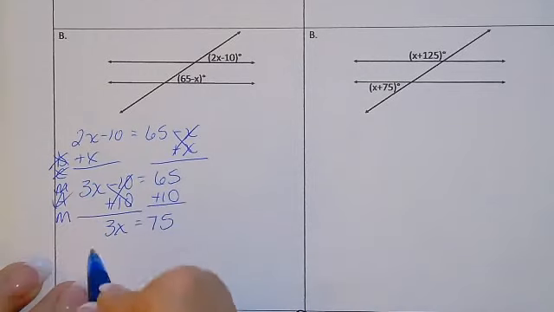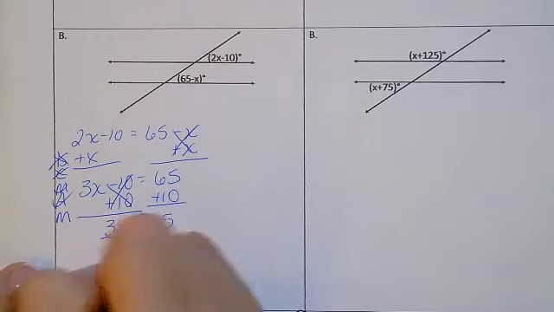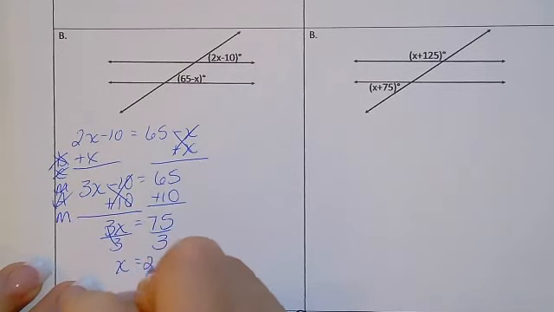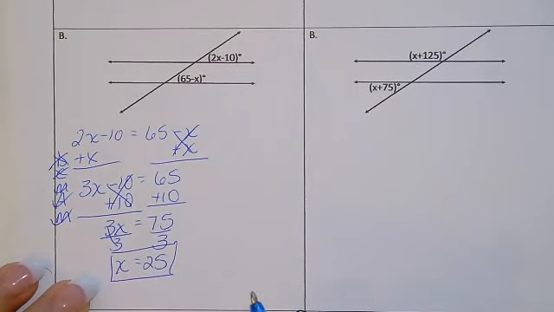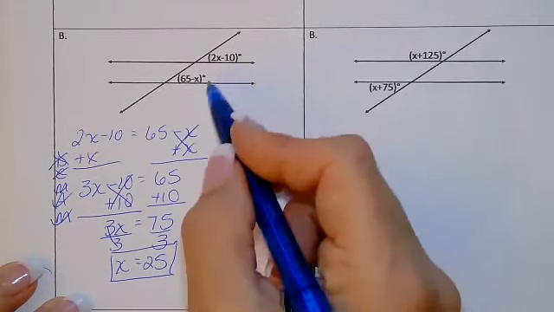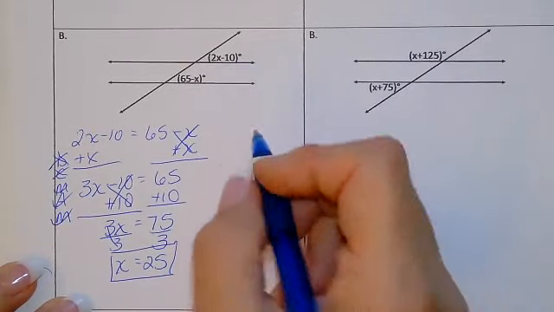All right, done moving and shaking. Now I'm on multiply, divide. Going to divide both sides by 3. And x equals 25. All right, time to substitute to figure out our angle measures and make sure that they're equal.